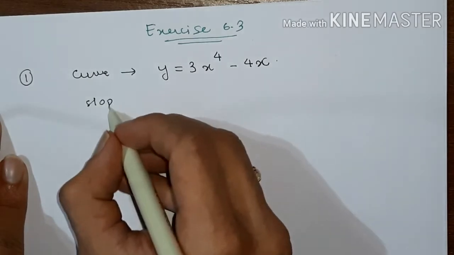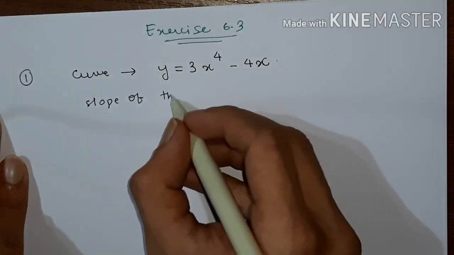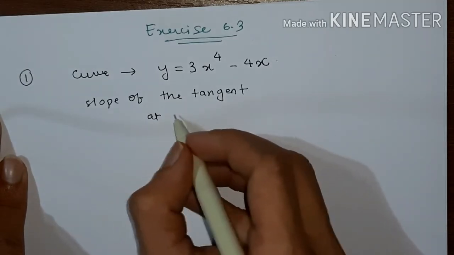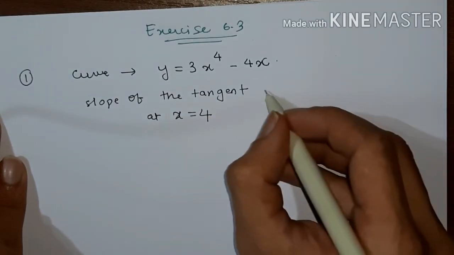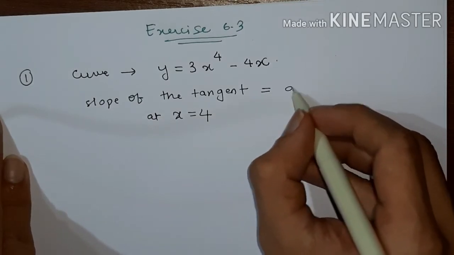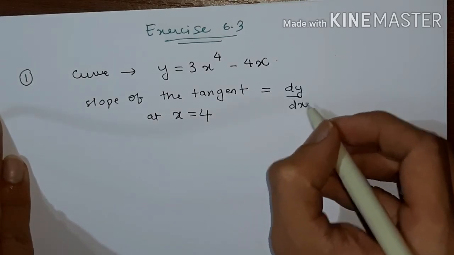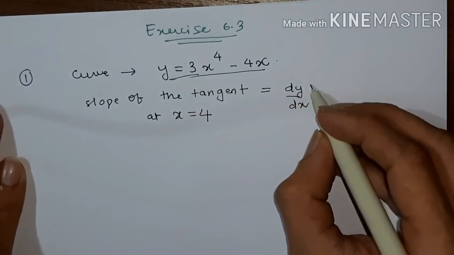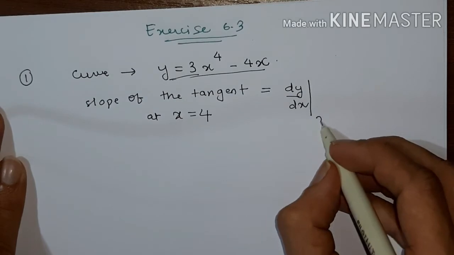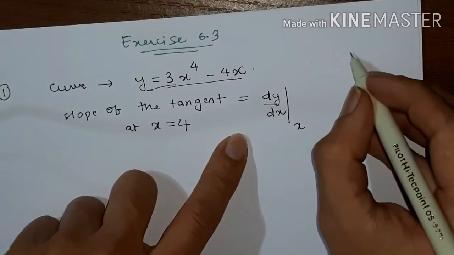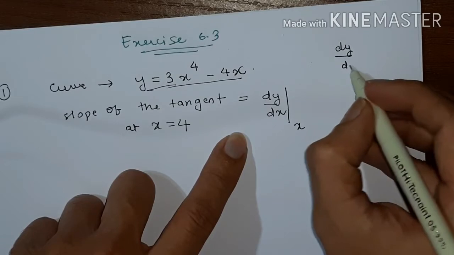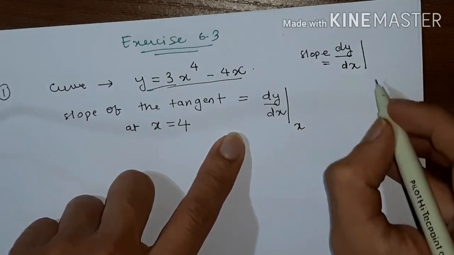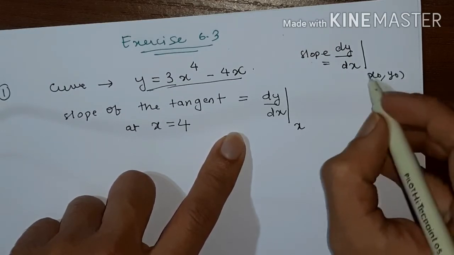So the slope of the tangent at x equal to 4 will be equal to dy by dx, the derivative of y equal to 3x raised to 4 minus 4x, at the point x. The definition is dy by dx, the slope, at the point x naught comma y naught.